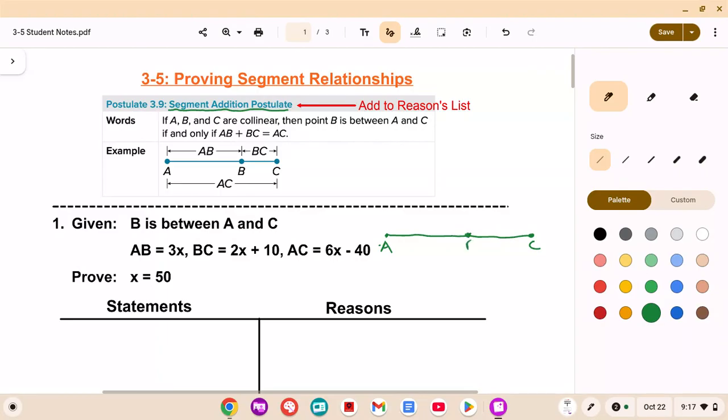Doesn't have to necessarily be the middle. We don't know that it's the middle. And then from A to B, this is supposed to be 3x. From B to C should be 2x plus 10. And then from A to C, this should be 6x minus 40.